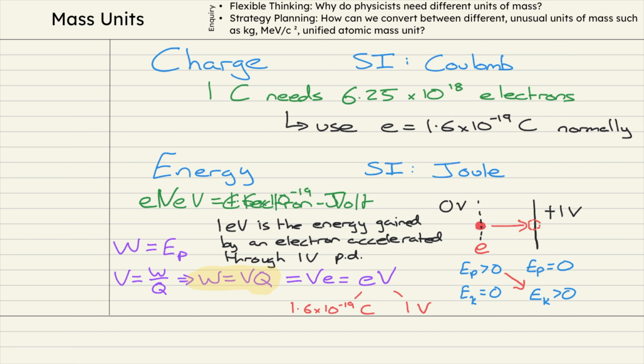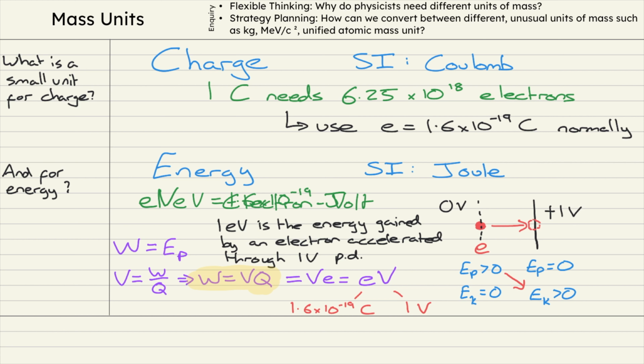Or the other way round, 1 joule equals 6.25 times 10 to the 18 electron volts. Remember, 1 electron volt is smaller than a joule, so if you get the maths the wrong way round, it should be obvious to you.